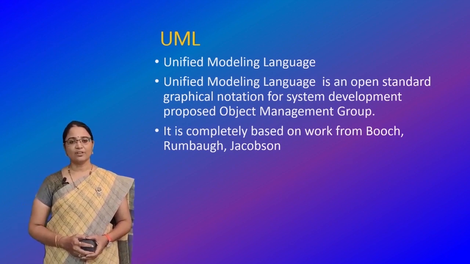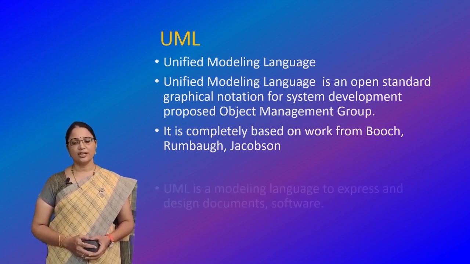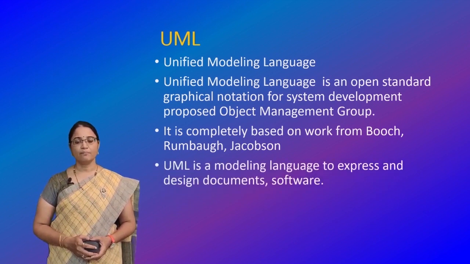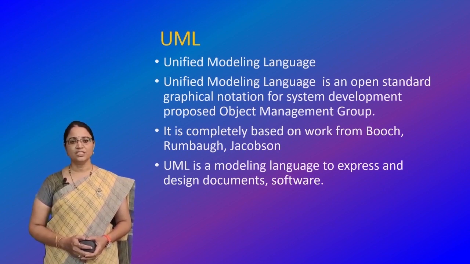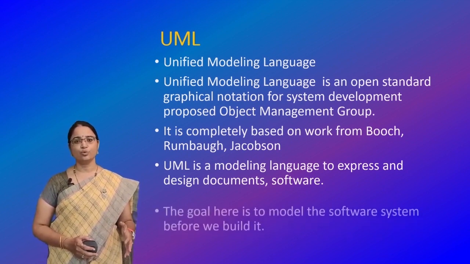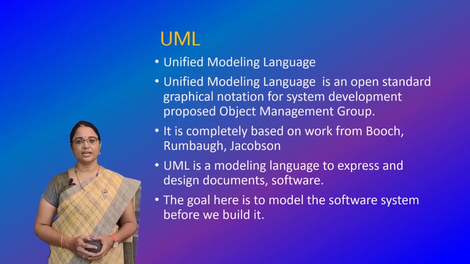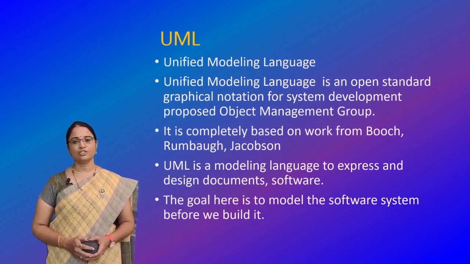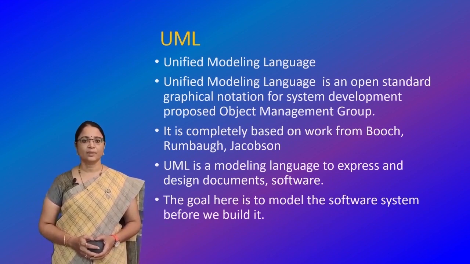UML is a modeling language to express and design software, particularly useful for object-oriented design. The language can be used from general initial design to very specific detailed design across the entire software development lifecycle.